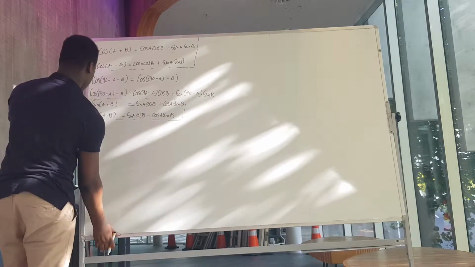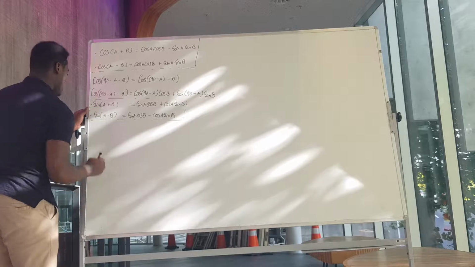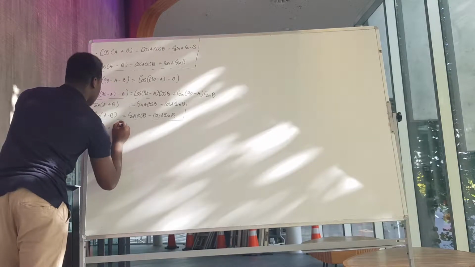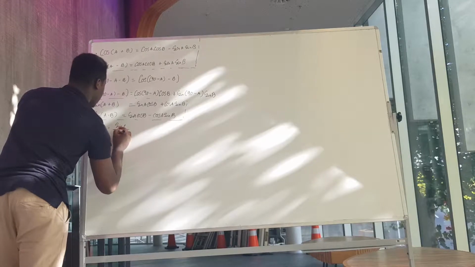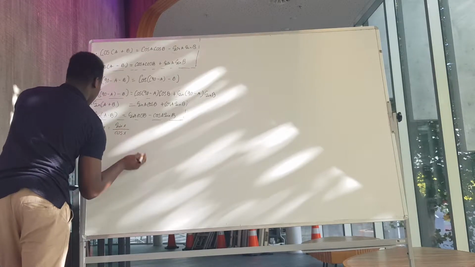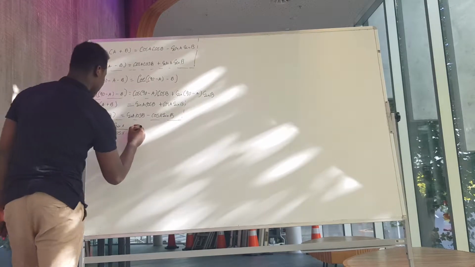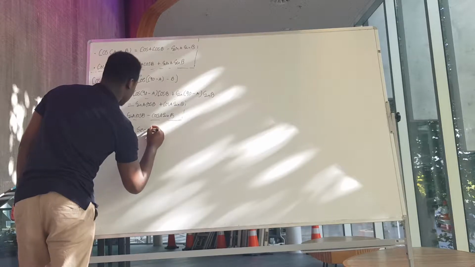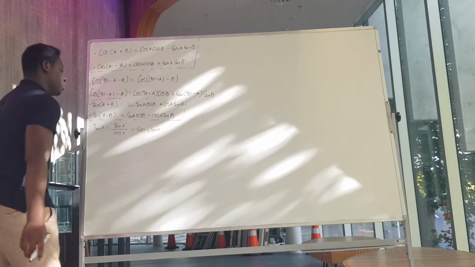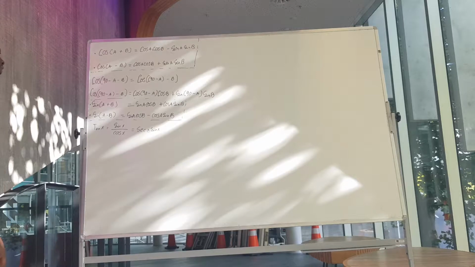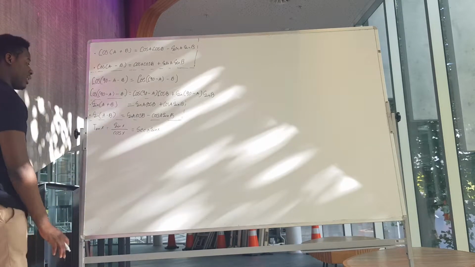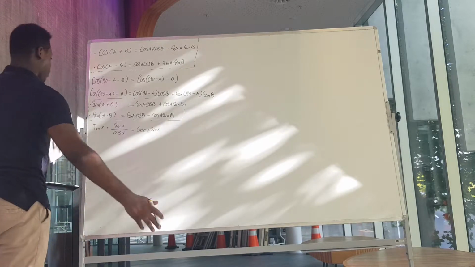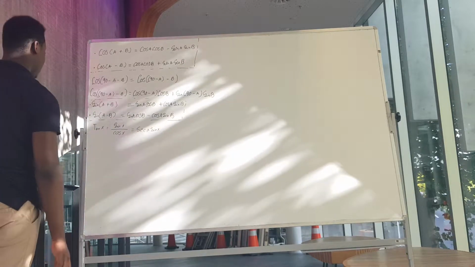We know that tan x, where x is an angle, is equal to sine x divided by cosine x. Basic trigonometry. Or you can rewrite it as sec x sine x, because 1 divided by cosine x is sec x. That's another way of writing tan x.